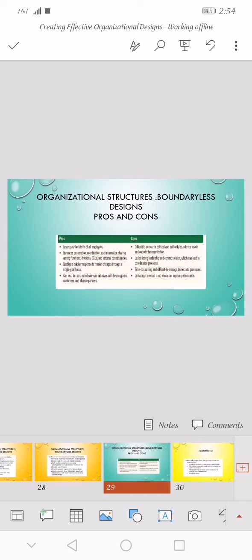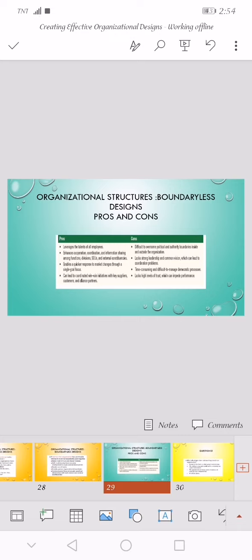Organizational structures, boundaryless designs, pros and cons. Pros: first, leverage the talents of all employees. Second, enhance cooperation, coordination, and information sharing among functional divisions, SBUs, and external constituencies.